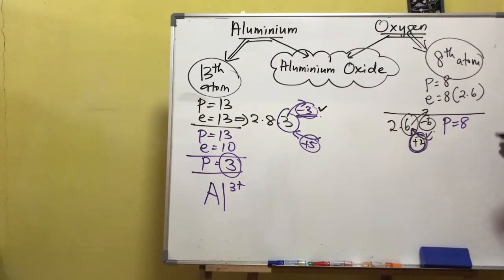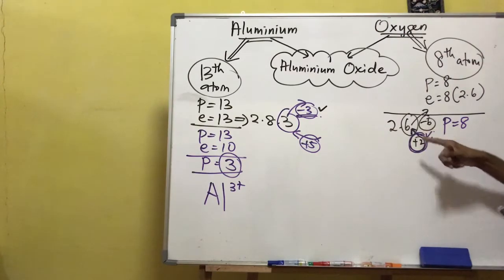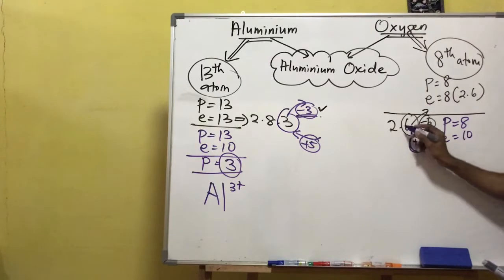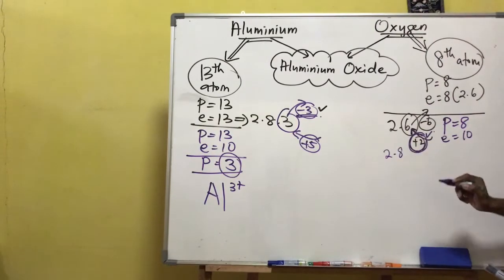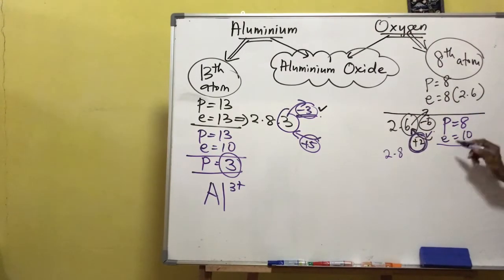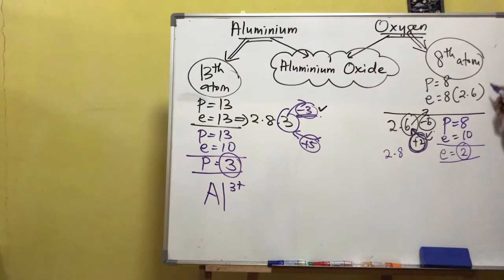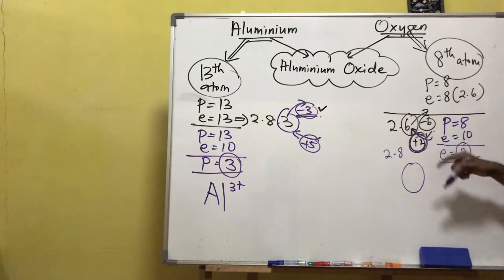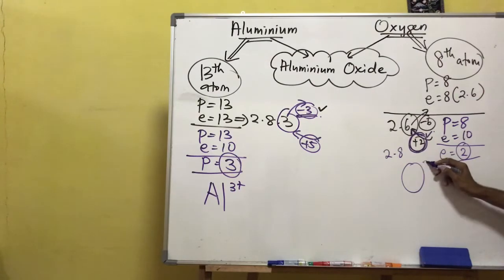Maksudnya, meaning that we need to add another 2 electron. So, now the electron would be 10, because after adding 2 to 8, the electron would be 10. So now, after adding 2, electron would be extra 2, therefore giving the oxygen ion, or we call it as oxide ion. So the oxide ion would be O2 negative.